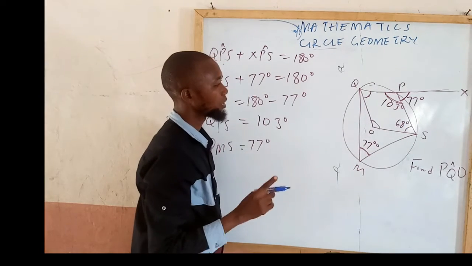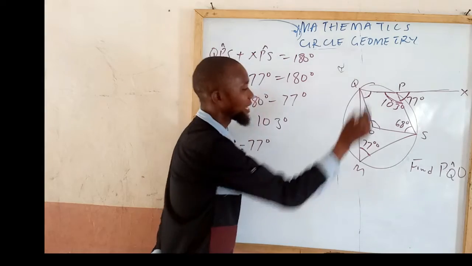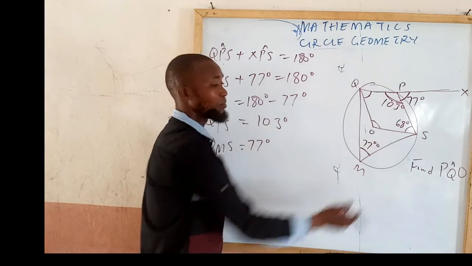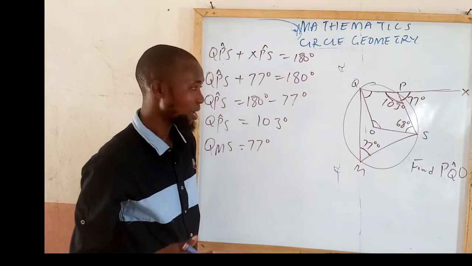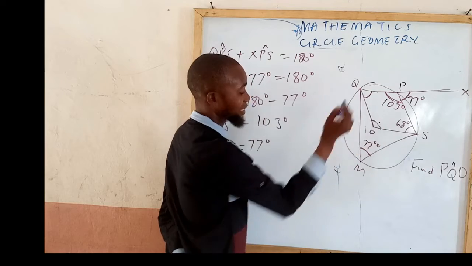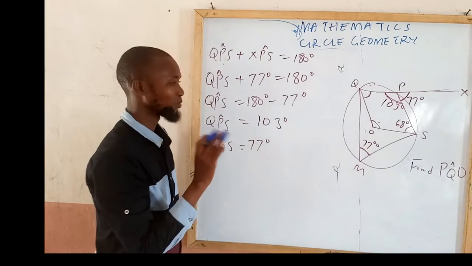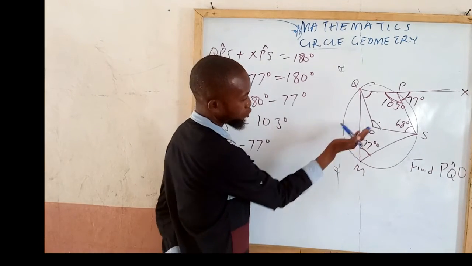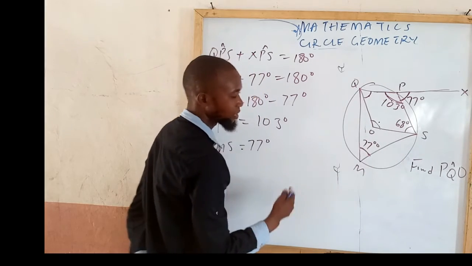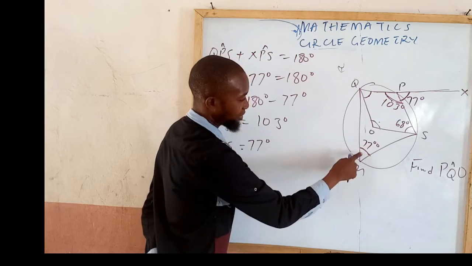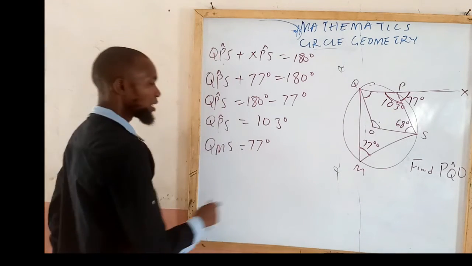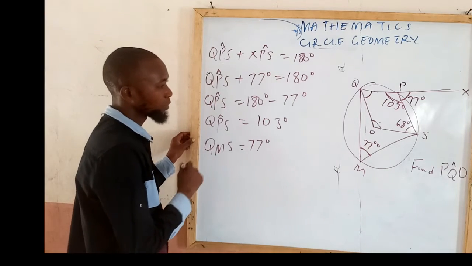So the next thing is, how can I get this? Remember the type of shape given to us here. It talks about the relationship between the angle at the center and the angle at the circumference. We have a particular diagram that uses this place as the center. Let's just focus on that one. When we consider the lower diagram, that situation uses this place as center, while it recognizes this place as its circumference. So that is the area we want to focus on.